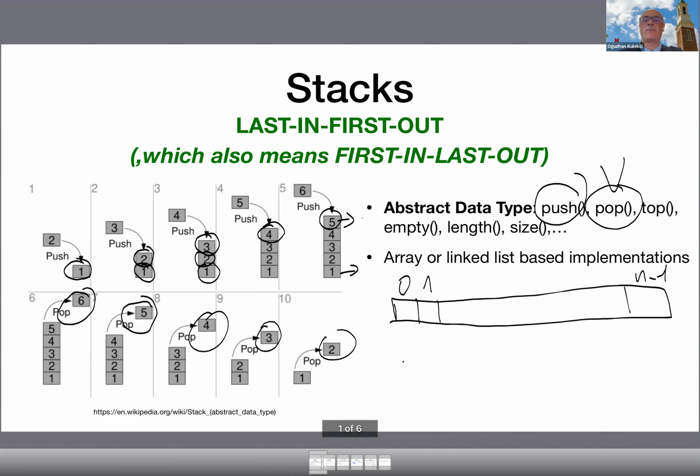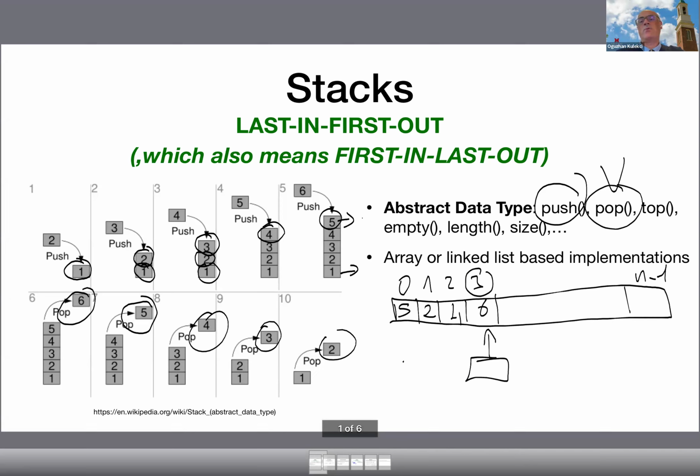So let's write 5 here, and then let me push 2, let me push 4, let me push 6, whatever. But I should know the last position that I have written. In this case, the last item that I have written is at position 3. You may think of this as a pointer.